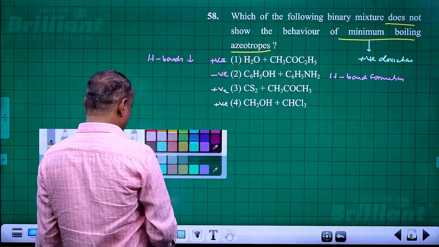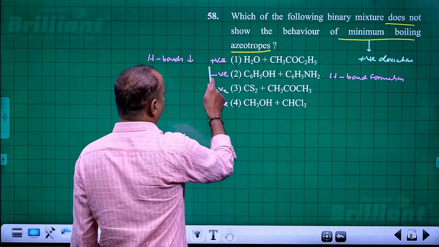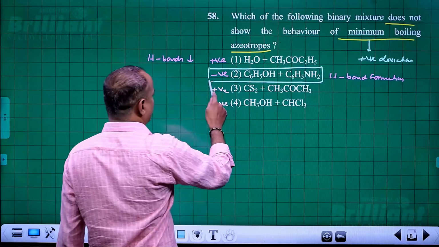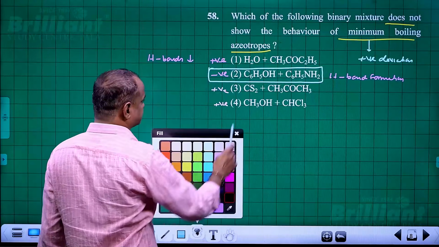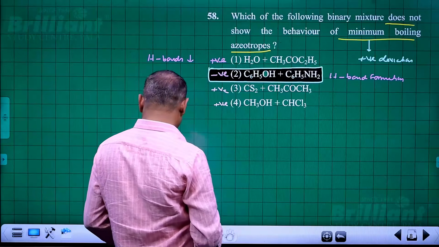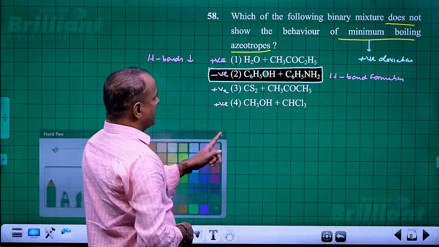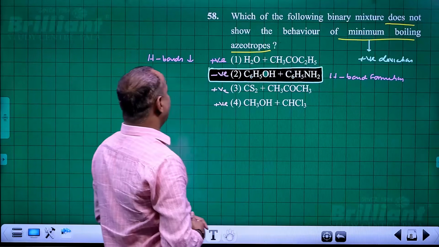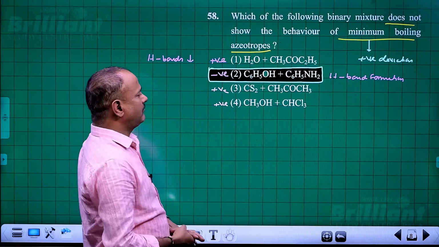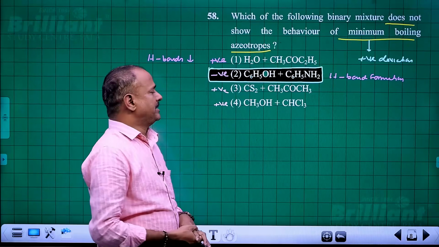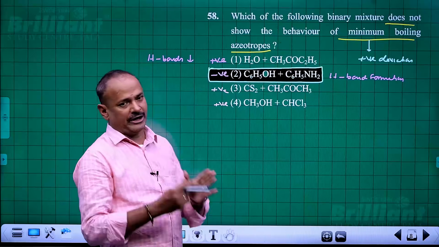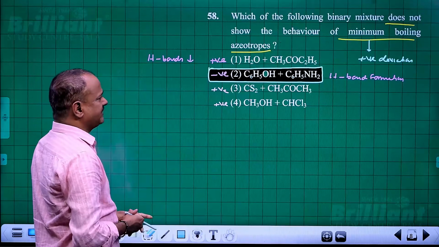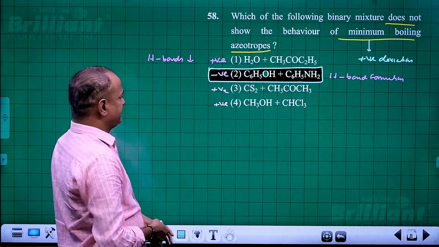So negative deviation gives maximum boiling azeotropes. In the first one, the number of bonds decreases; water molecules contain 4 bonds, but acetone reduces the number of bonds. That means bond dissociation, which is why hydrogen bonds decrease.